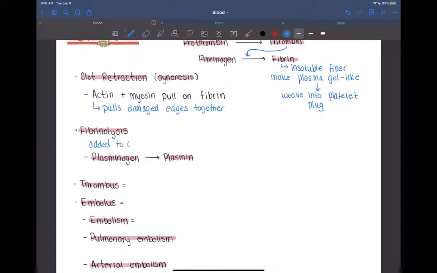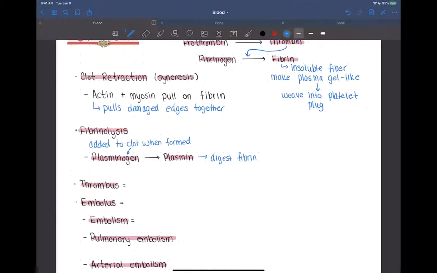So it's kind of adding a way to get rid of that clot when you're making it, okay? So once that tissue is fully repaired, this plasminogen is going to activate to plasmin, and that plasmin is going to digest fibrin, all right, and break it down, okay? And so when it does that, that's going to dissolve that clot, and that clot will be gone, all right?